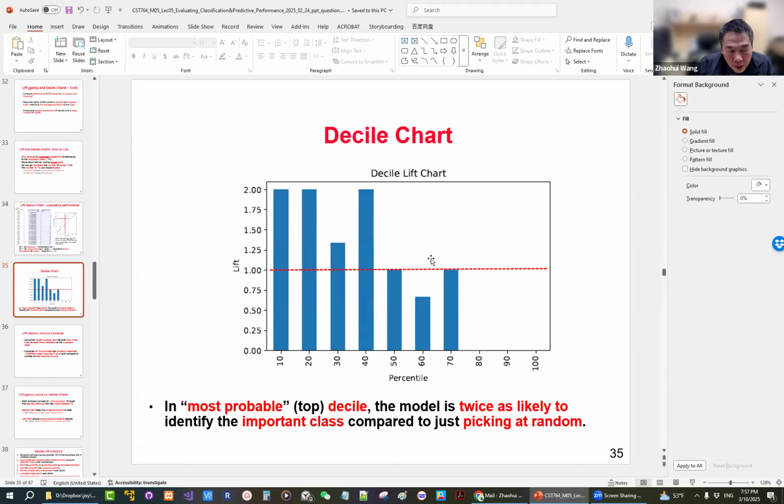Yeah, so they can finally approach one. So this chart is most probably twice as likely to identify the important class compared to just picking at random.